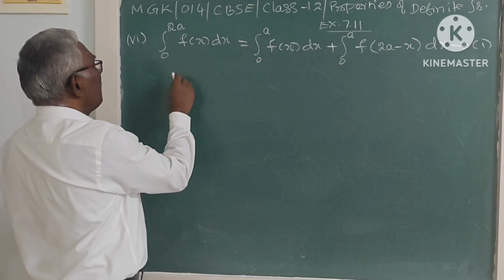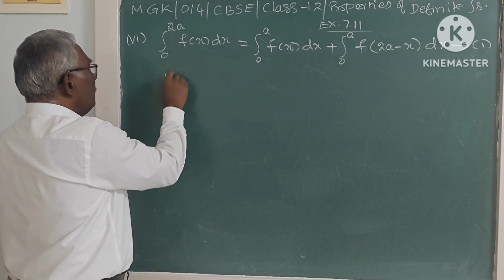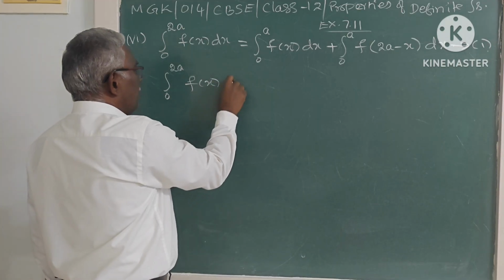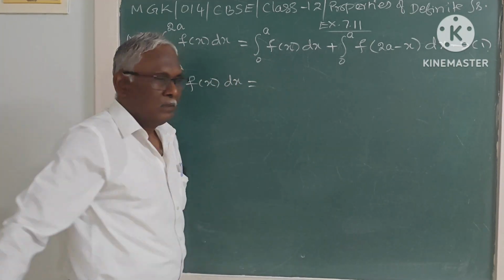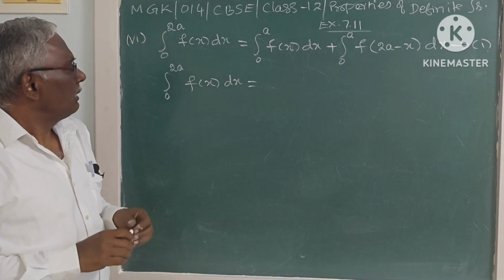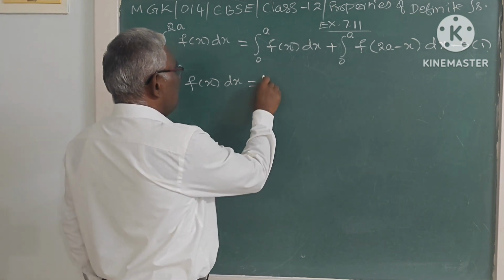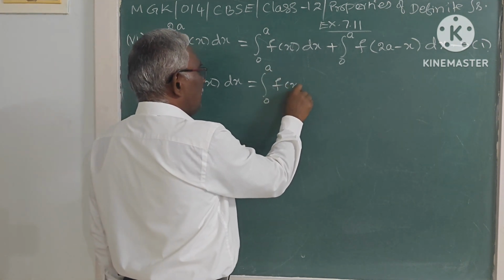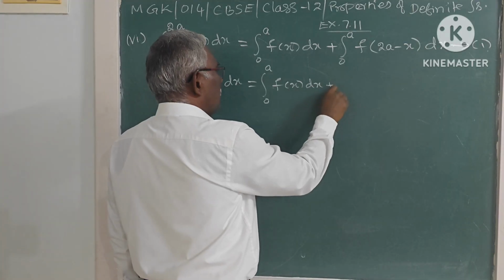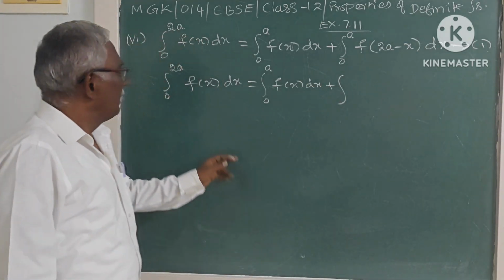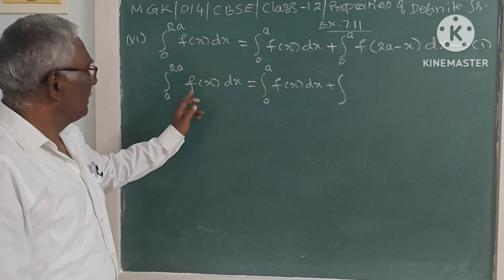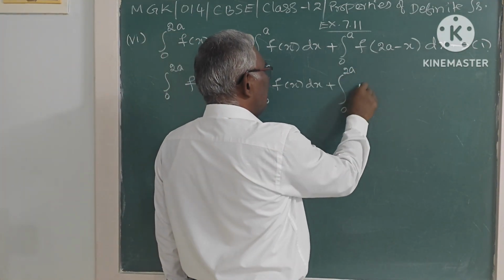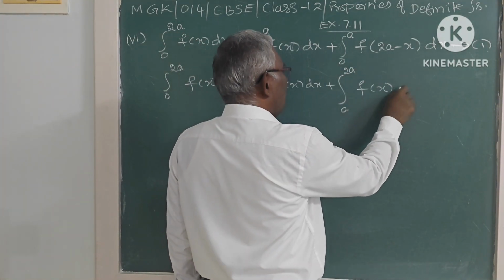Left hand side of the equation 1 is 0 to 2a f of x dx. By using the third property, we can write this as integral 0 to a f of x dx plus integral a to 2a f of x dx.